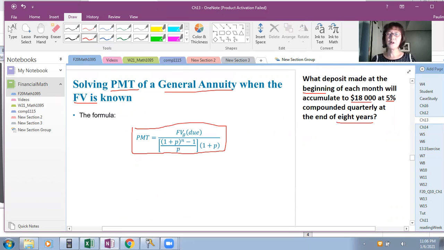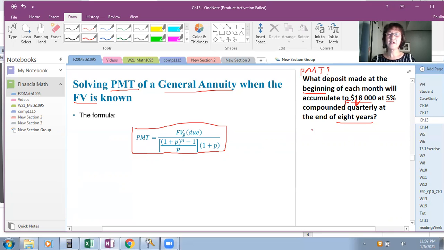So what deposit each month means what is PMT? That is the question. To accumulate to 18,000, that is the future value, FV is given.